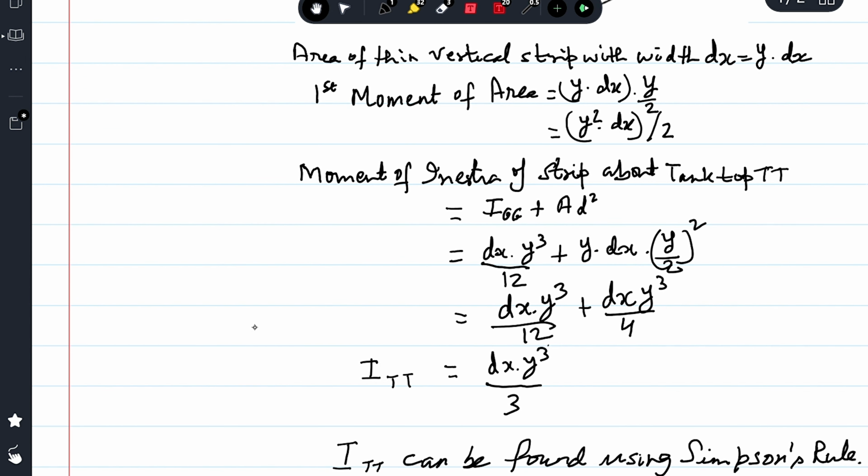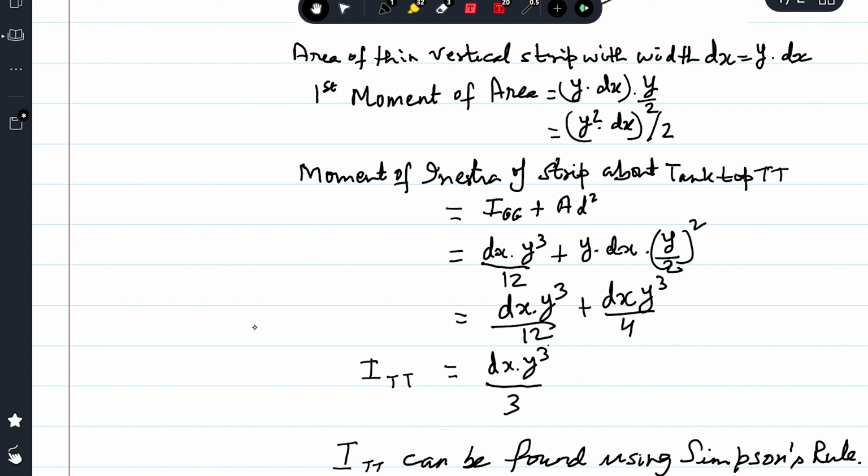So dx y cubed upon 12, plus the area of the strip, which is the length y multiplied by the width dx, so y dx is the area of the strip, times the depth of the centroid from the tank top, which, as I explained, is half of the ordinate, y by 2, squared.